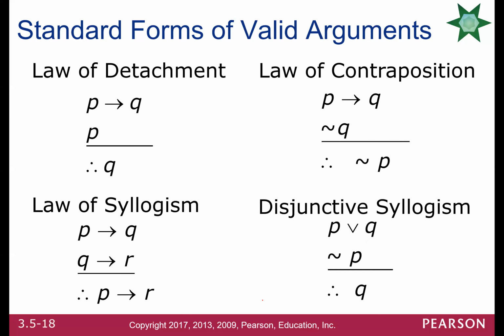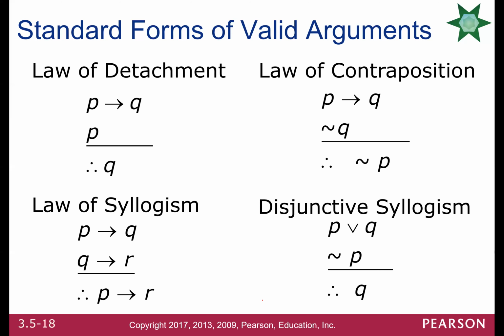The last argument we have, standard form that's valid, is the disjunctive syllogism. So the first premise will be the disjunction P or Q. The second premise will be the negation of P, so it will be not P, and our conclusion will be Q. So all four of these valid arguments are in your notes for chapter 3.